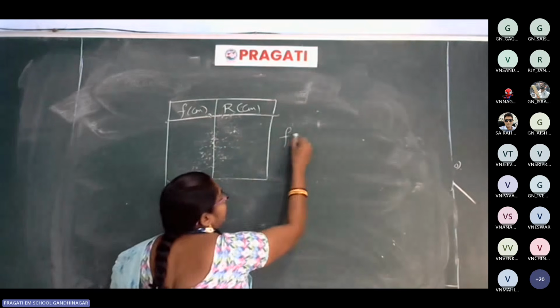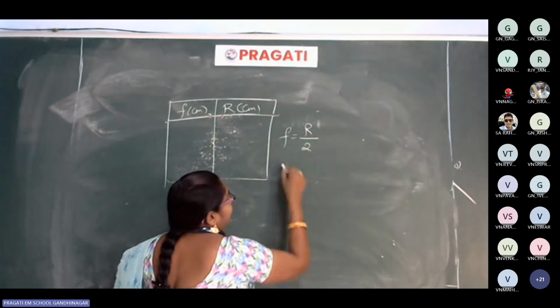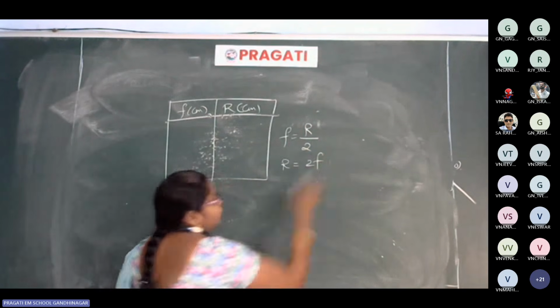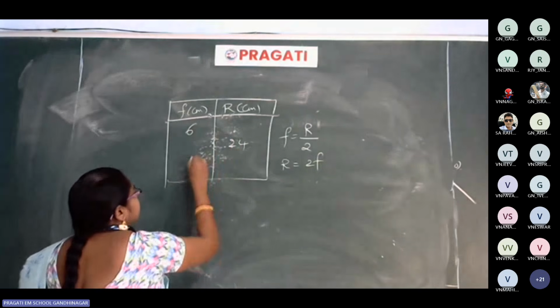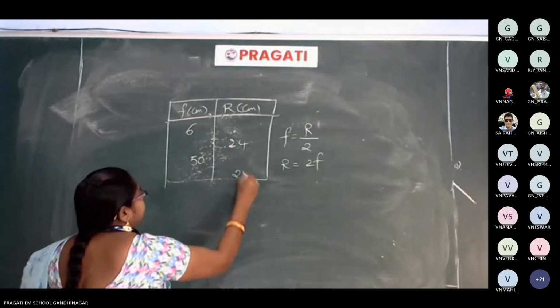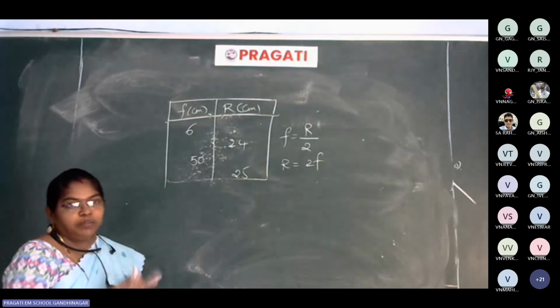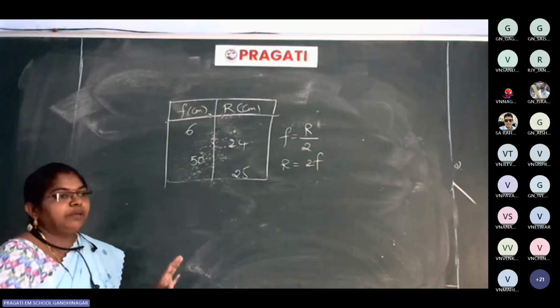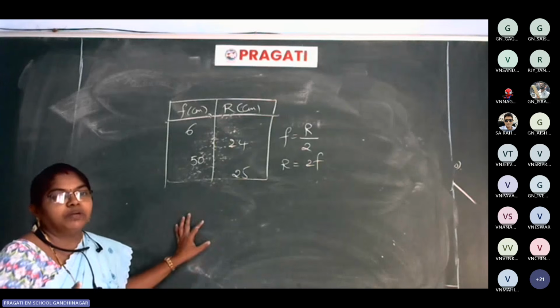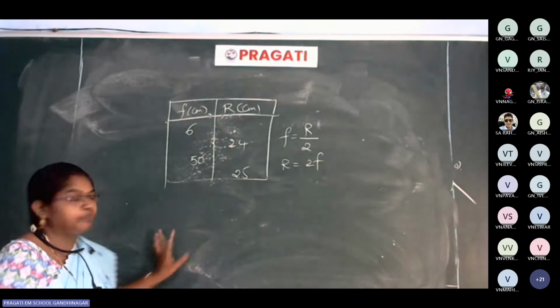What is that relation? F is equal to R by 2 and R is equal to 2F. See, he is asking like this. Complete the table. You will get 4 marks very easily. Table questions mean 4 out of 4 if you write correctly.